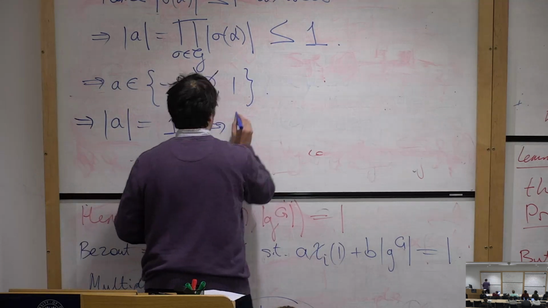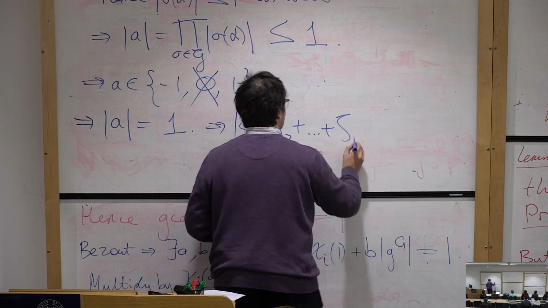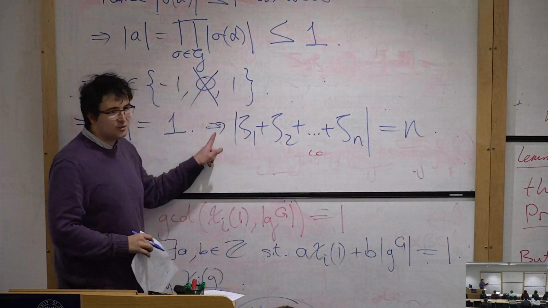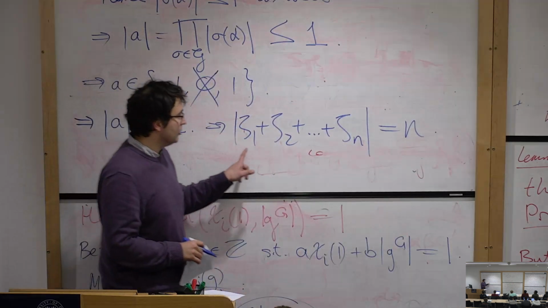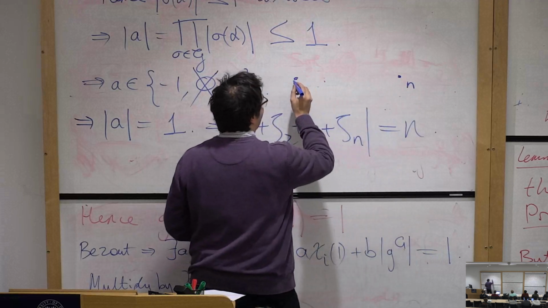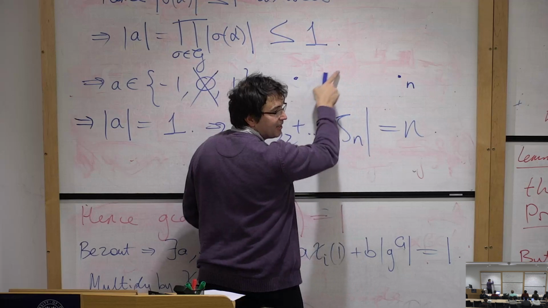And therefore, we have this equation for roots of unity, and I think we've seen this on the problem sheet. Right? You can't reach n by a walk of length n, adding roots of unity, right?